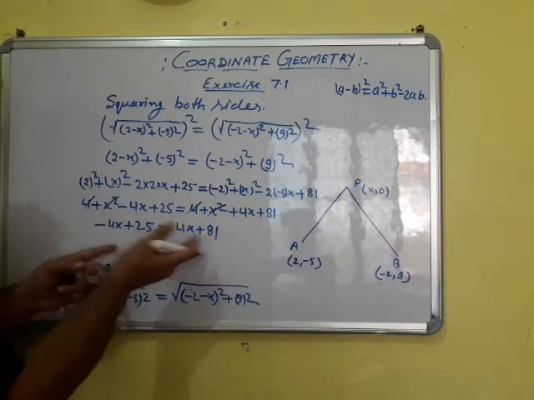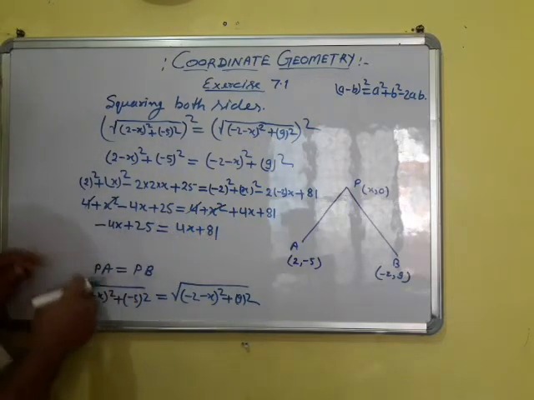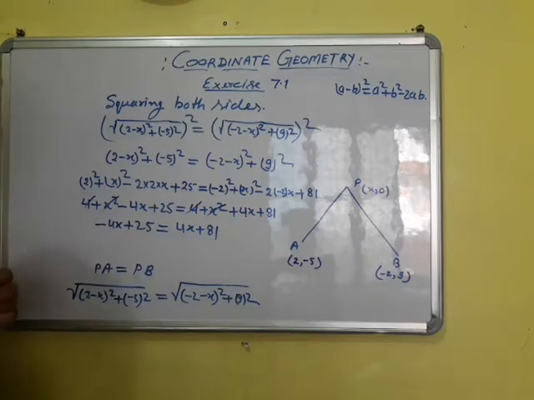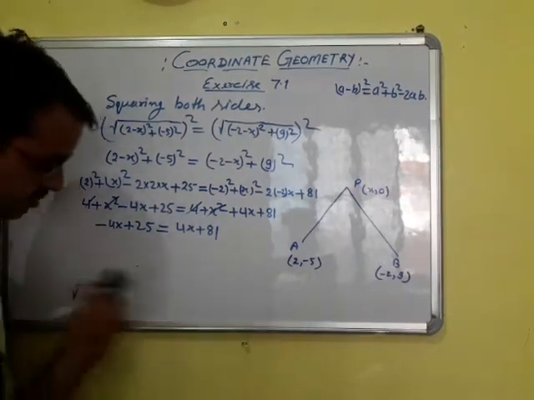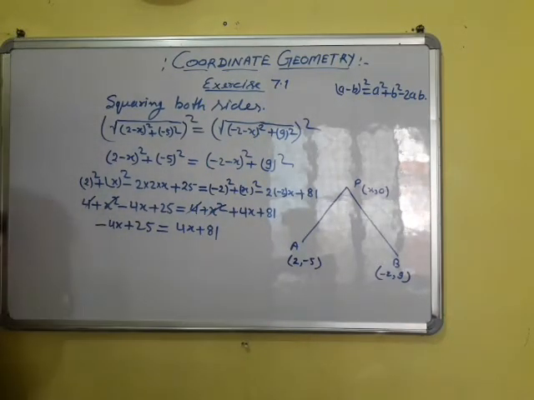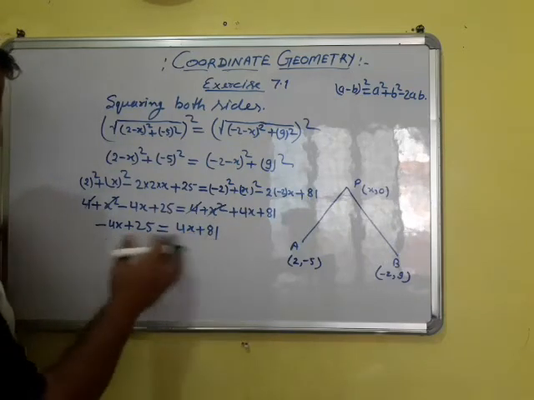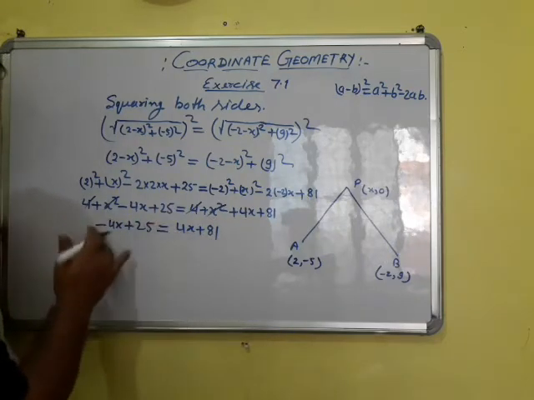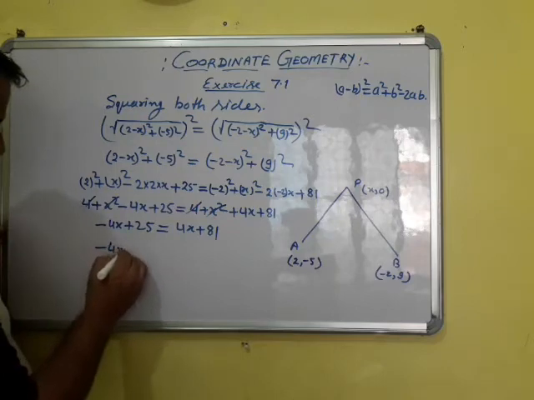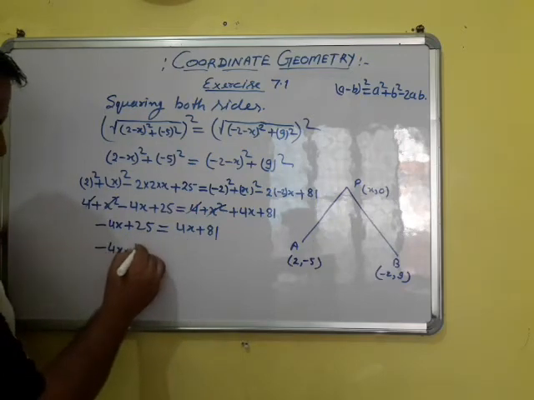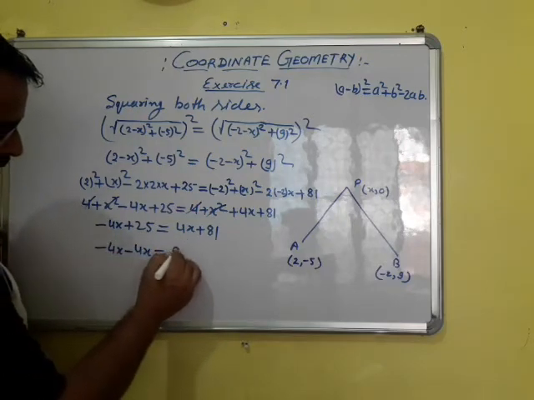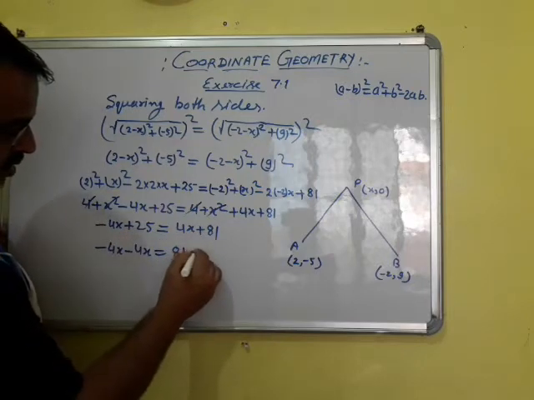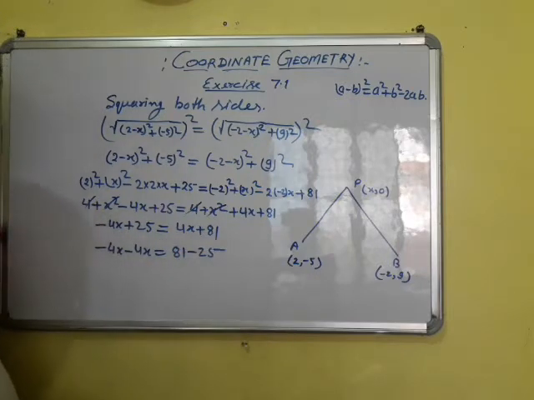If we take all variables to one side and non-variables to the other, we change sides. This one goes as minus 4x, the positive 4x goes to that side as minus 4x, and 81 minus 25. Clear?